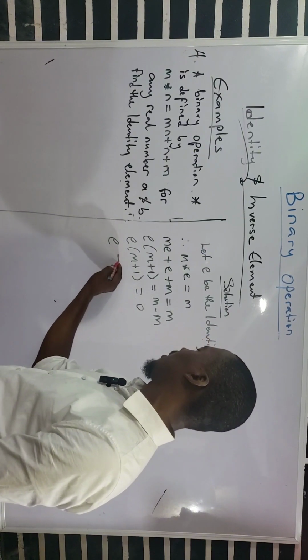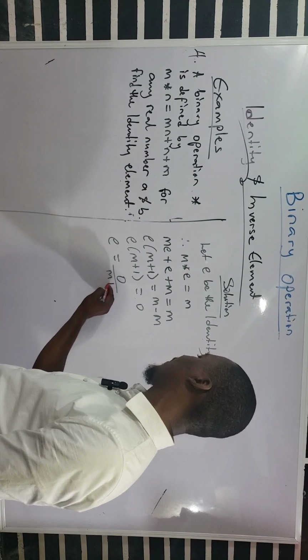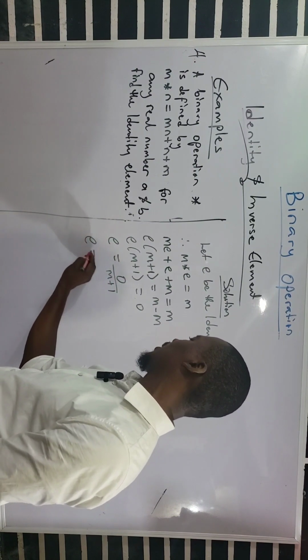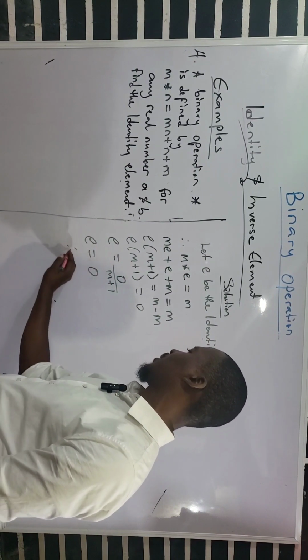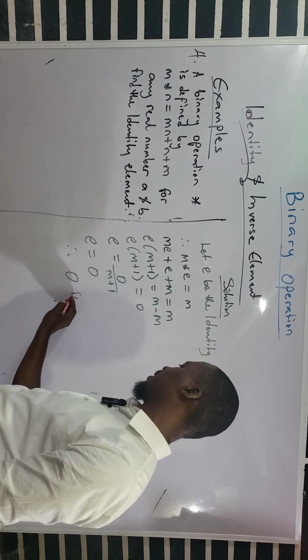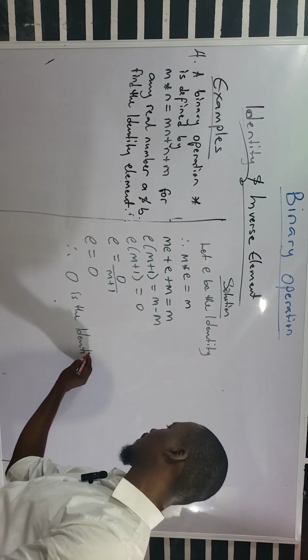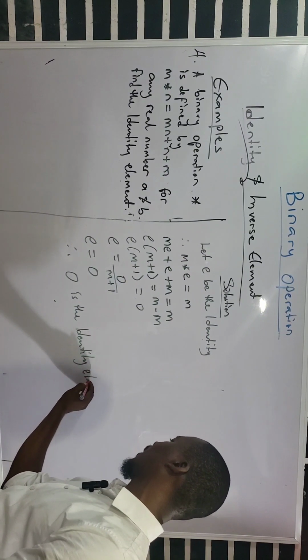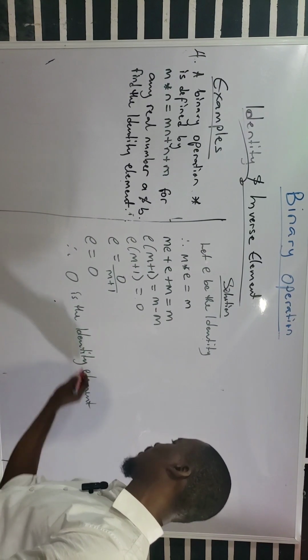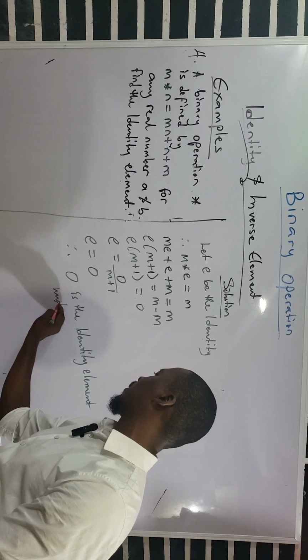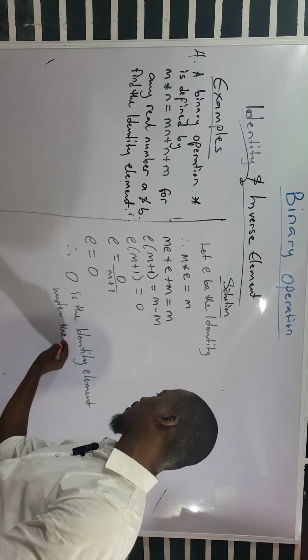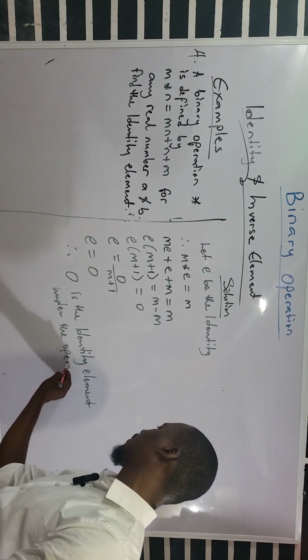We have that E equals 0 over M plus 1. Therefore, E equals what? 0. So you can conclude 0 is the identity element under the operation.